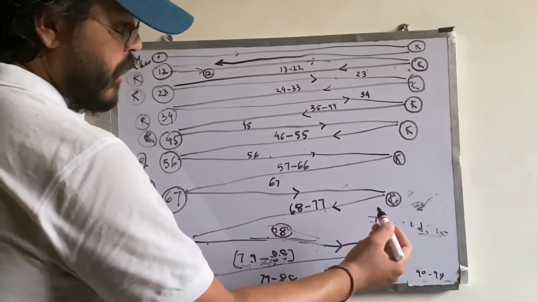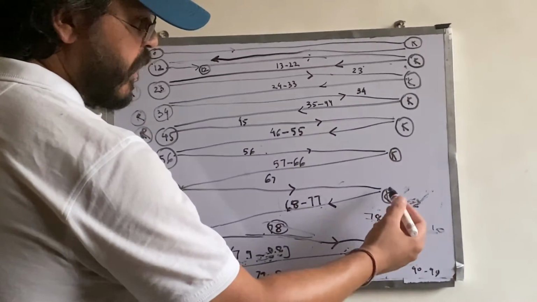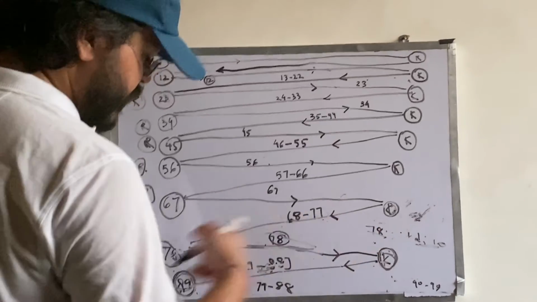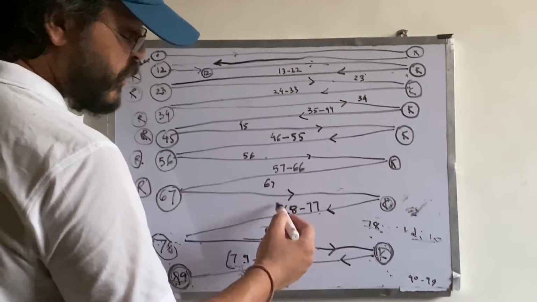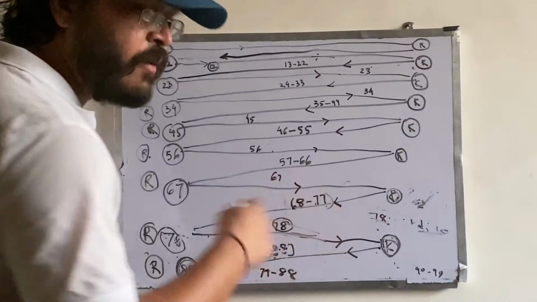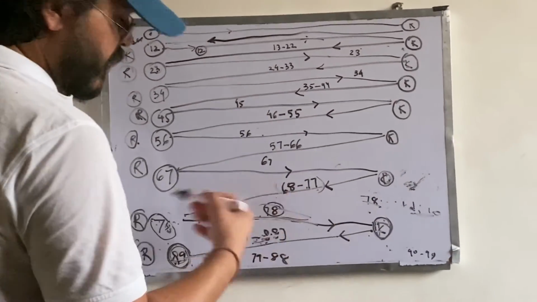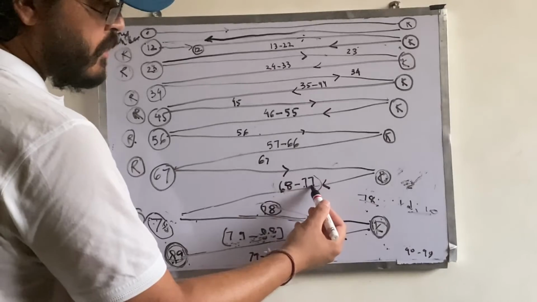So we come over here and we know that to restrict this guy to give him a number which ranges between 68 and 77. So whenever I say number, it means the sum. So he gives him a number ranging between 68 to 77.